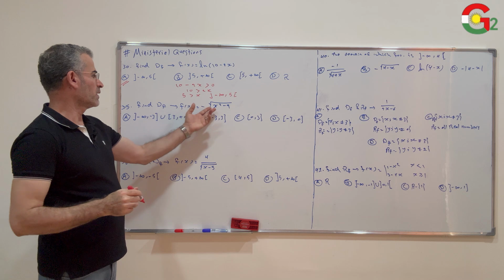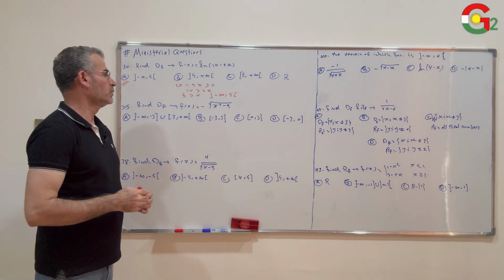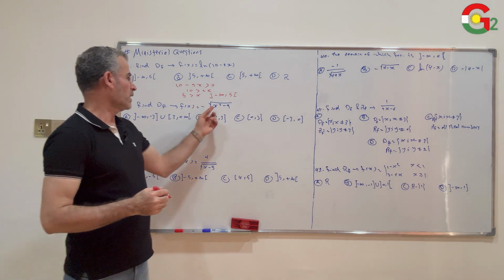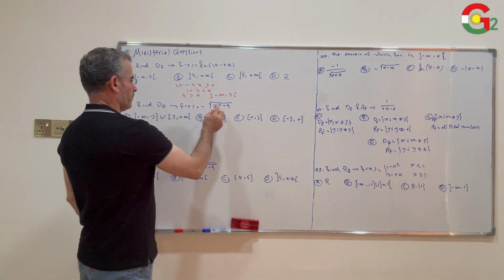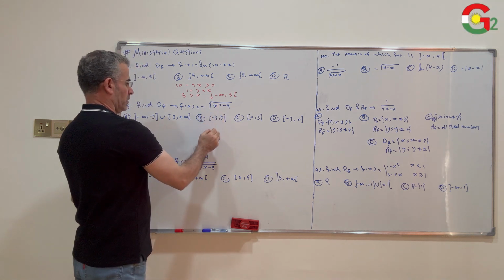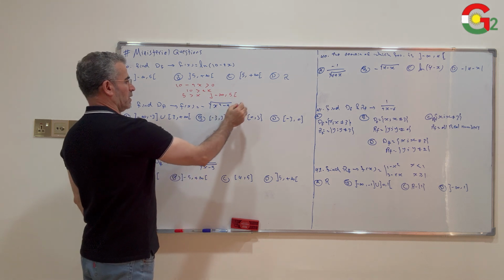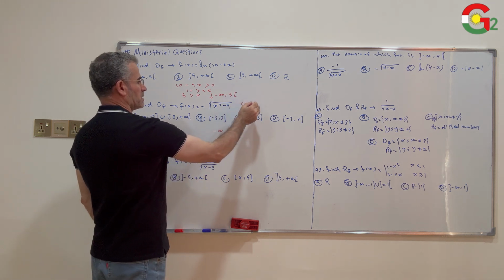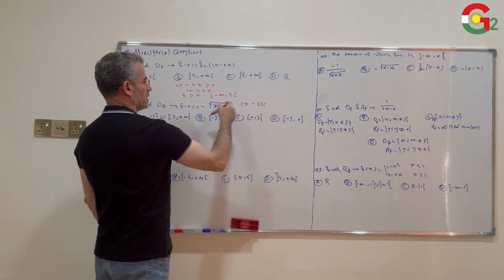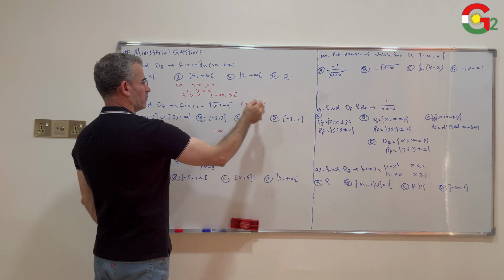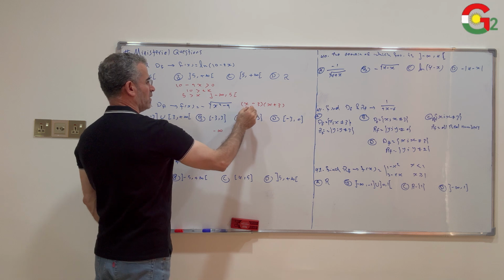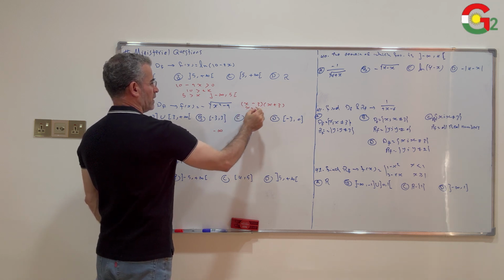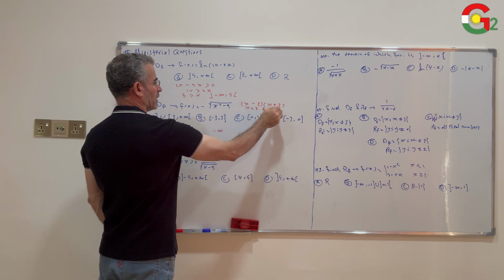Find the domain of the function square root of x power 2 minus 9. X power 2 minus a constant, the term under the square root must be non-negative. Analyze it by the difference of two squares to find the critical values of x: x equals 3 and x equals negative 3.